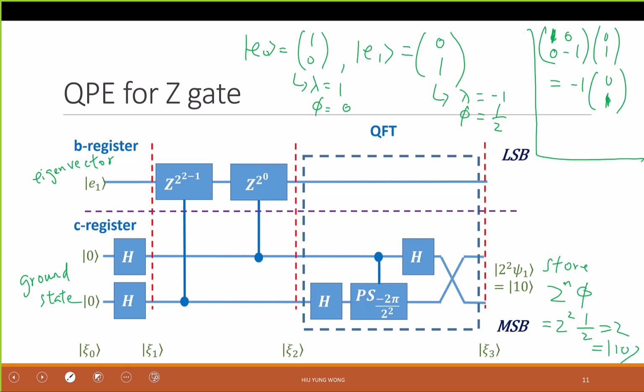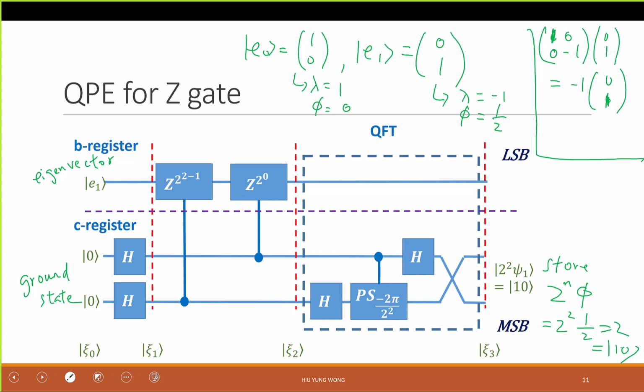Then I can resolve very small numbers, because when you multiply by this, I can have an integer. Because the outputs are integers, they cannot be decimal. So in this case, when my phi is 1/2, because I have 2 qubits, it is multiplied by 4, then it becomes 2, I can store it. If I only have 1 qubit, I can also store it actually. If I have 1 qubit, what do I get? I get 1, right? But here we have 2 qubits, okay?